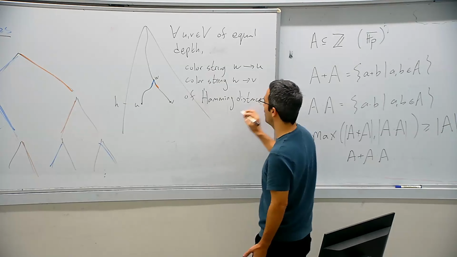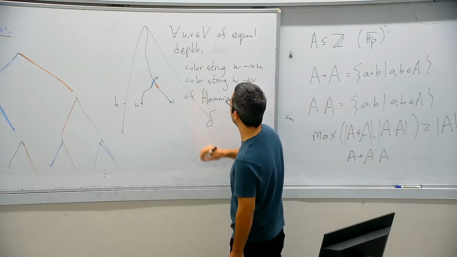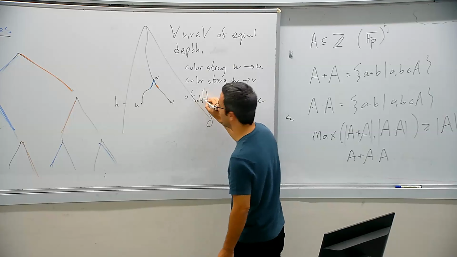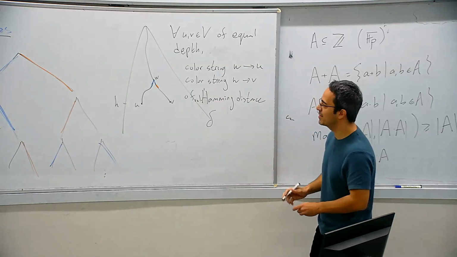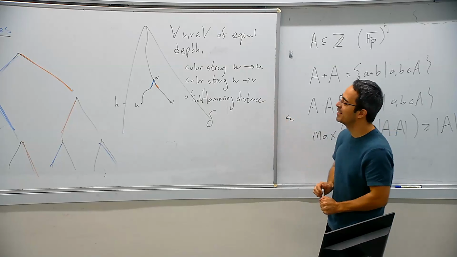Okay, now we need to figure out a parameter, so let's call it delta, times the length. So relative Hamming distance delta. So there's a fraction of the pairs that disagree. Like in a code, but in this weird fashion.